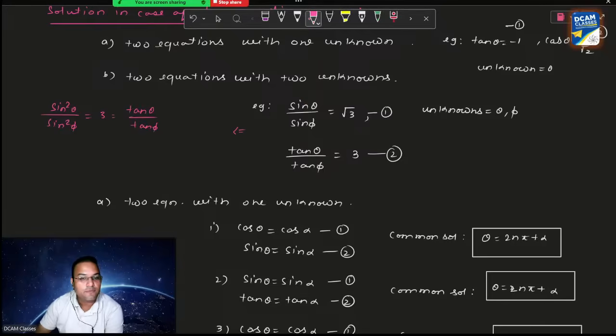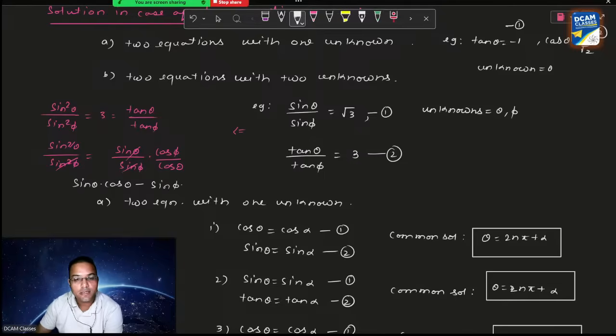So if you simplify, sine square theta by sine square phi is equal to sine theta by sine phi into cos phi by cos theta. They will be cancelled. Now it will become sine theta cos theta minus sine phi cos phi is equal to 0.